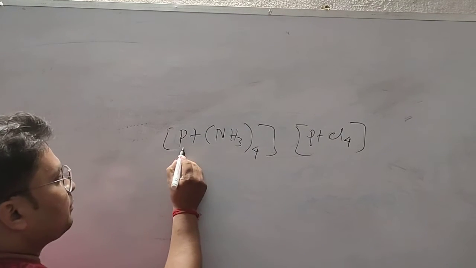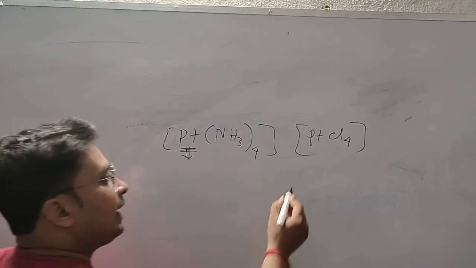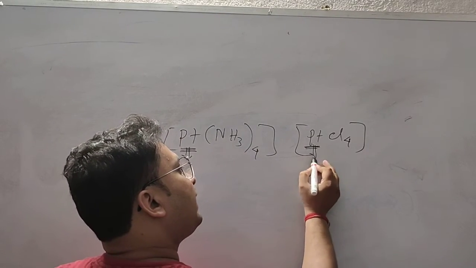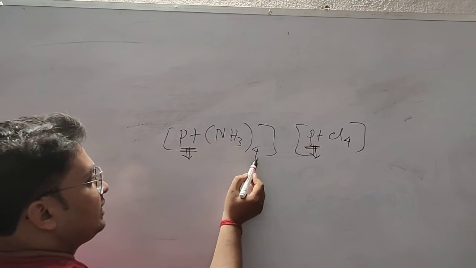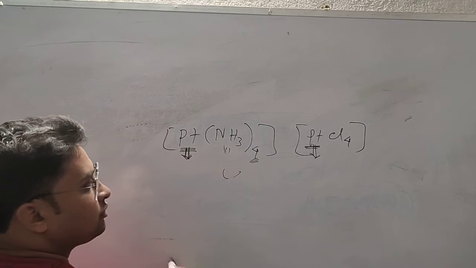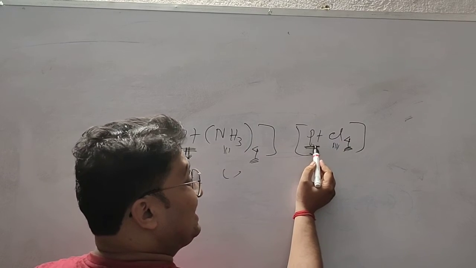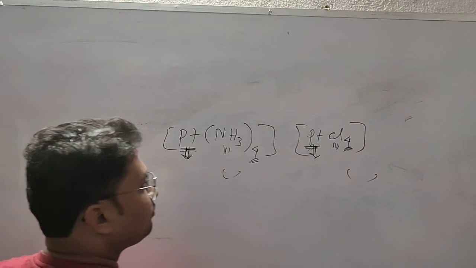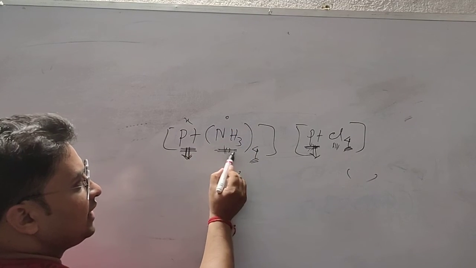For this reason, this Pt acts as platinum and this Pt acts as platinate. So what will be the name? The name will be tetraammine platinum bracket, then tetrachlorido platinate bracket. The charge is X times 0 because the ligand is neutral.